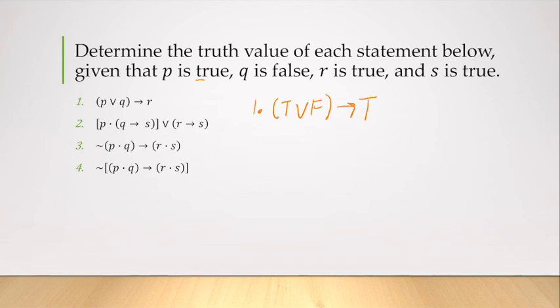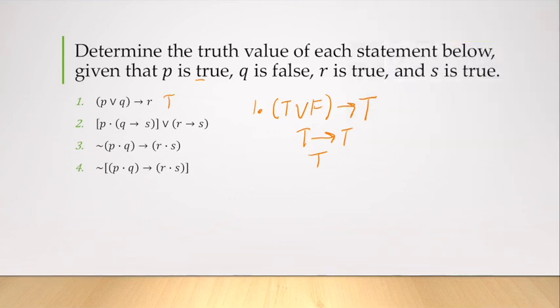So I'm going to simplify this using parentheses and order of precedence. So true or false, remember or means one or the other has to be true, so that's true. So I get true implies true, which is true. So number 1 has a truth value of true.